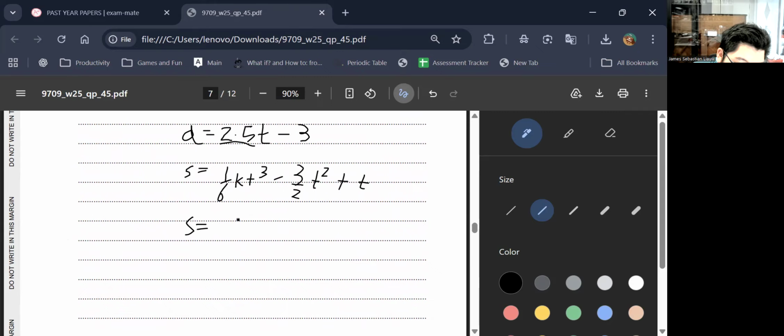So in putting 2.5 into your K, you will yield the expression for S.